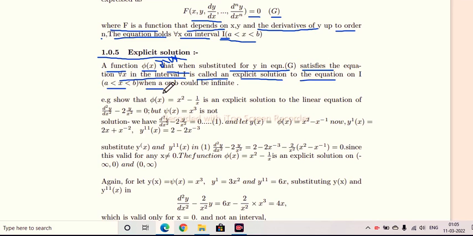Here a or b could also be infinite, which means also minus infinity to infinity.